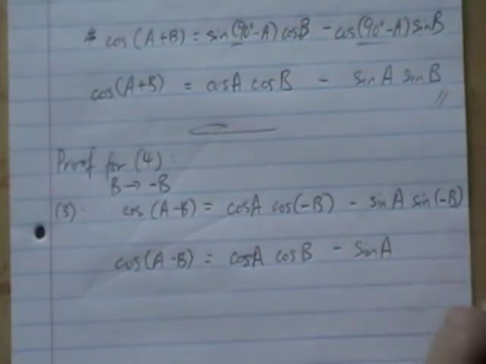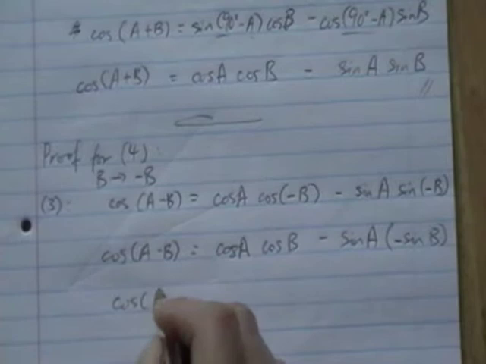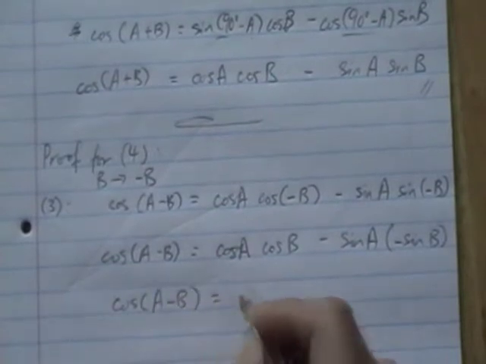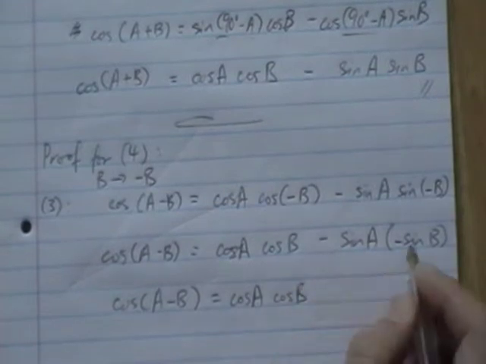Sine of minus b is minus of sine b. Finally, simplify this. Minus minus is a plus. We get the identity that we want to prove. And this completes the proof for the fourth identity.